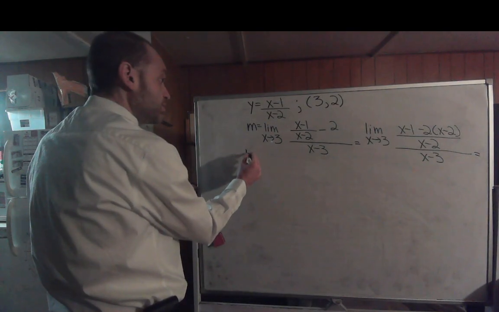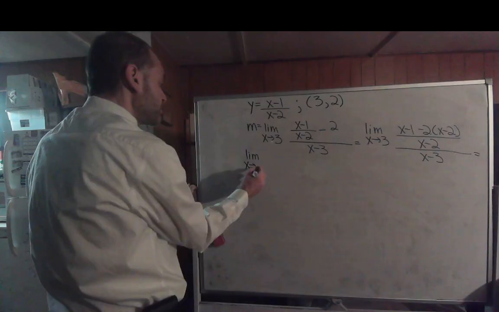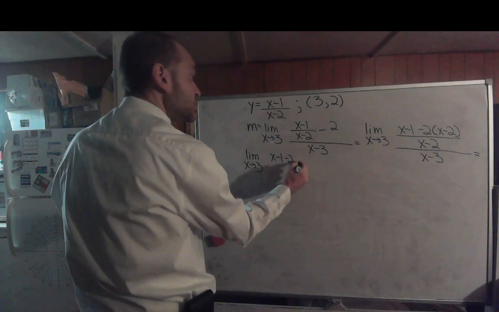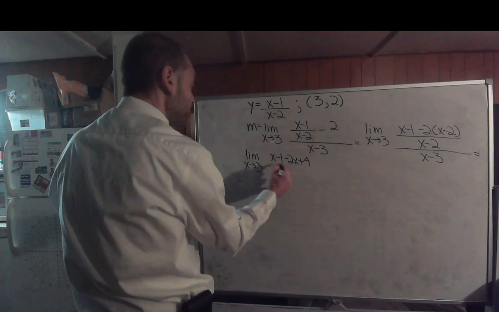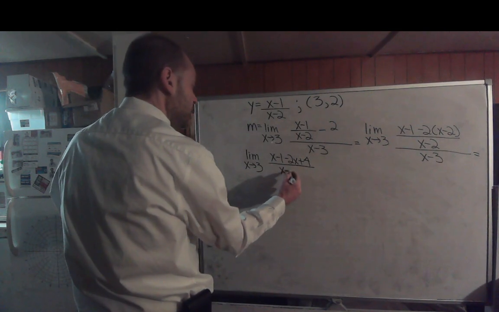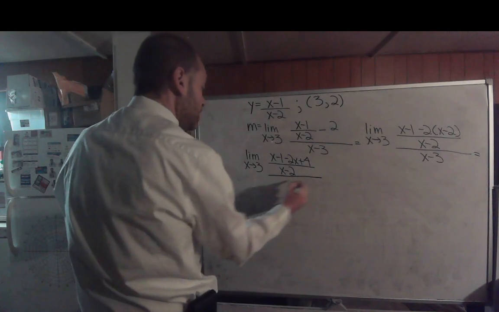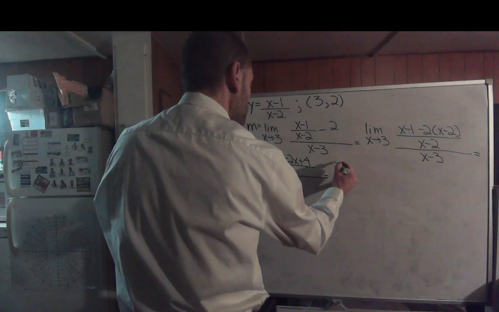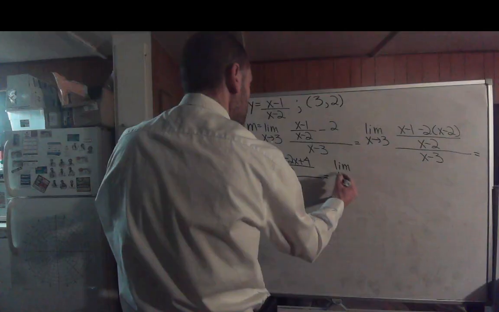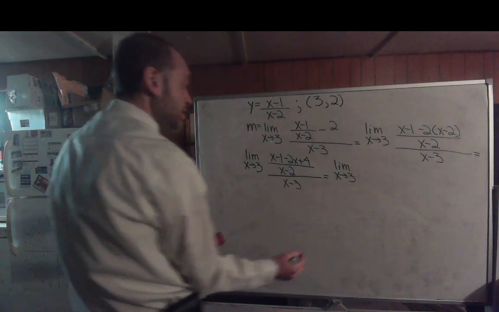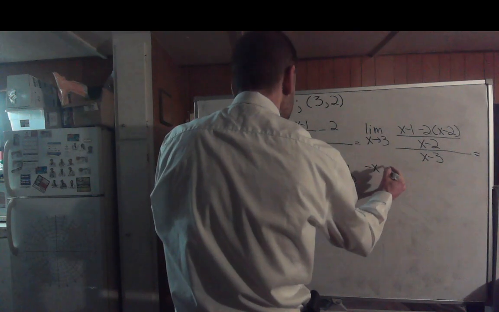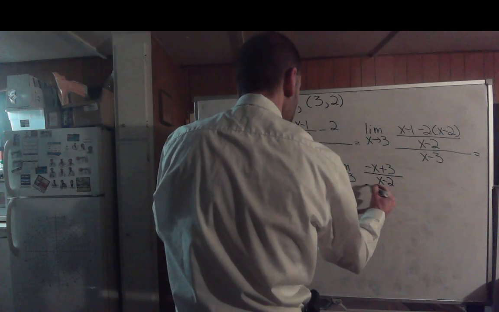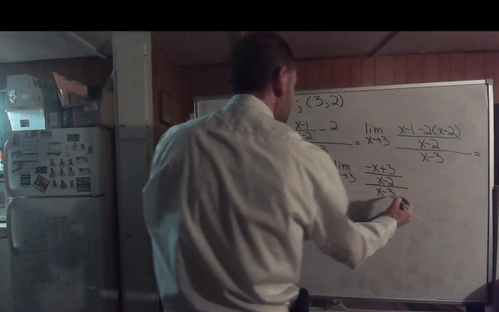This would still be the limit as x approaches 3 of (x minus 1 minus 2x plus 4) all over x minus 2, all over x minus 3. Let's simplify a bit further. You end up getting the limit as x approaches 3 of (negative x plus 3) all over x minus 2, all over x minus 3.